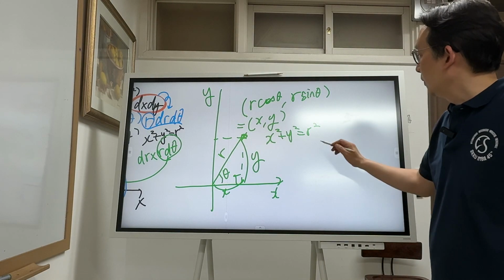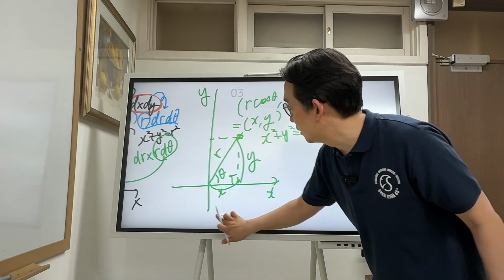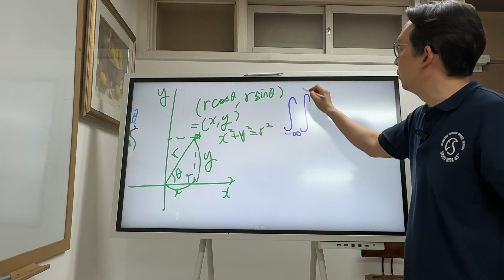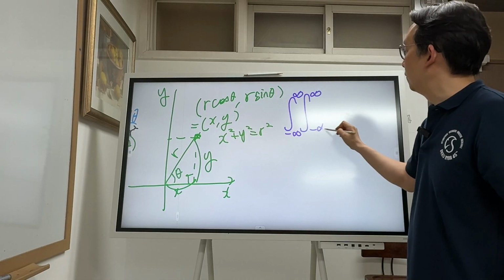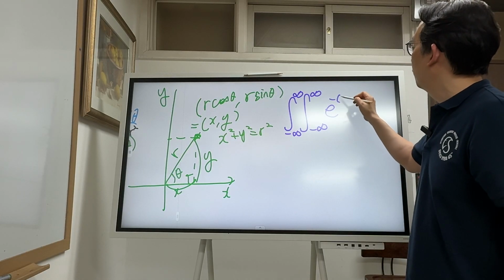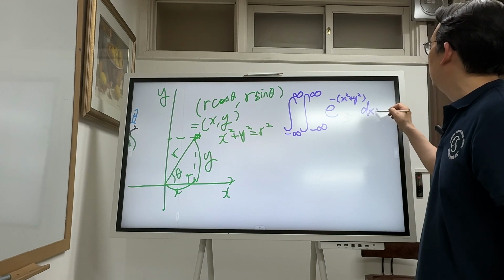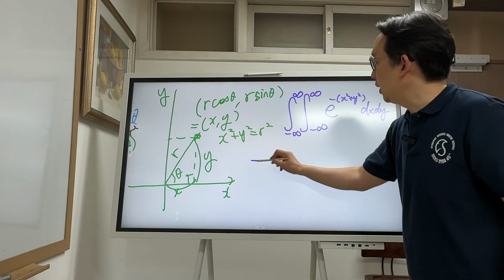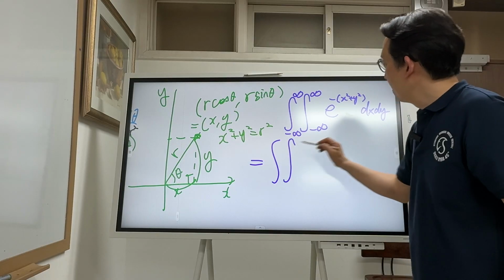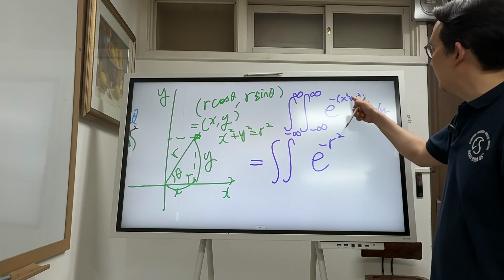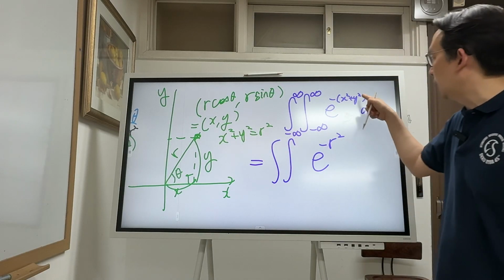Minus infinity to plus infinity, e to the power of minus x squared minus y squared dx dy should be changed into e to the power of minus r squared because of this relation.